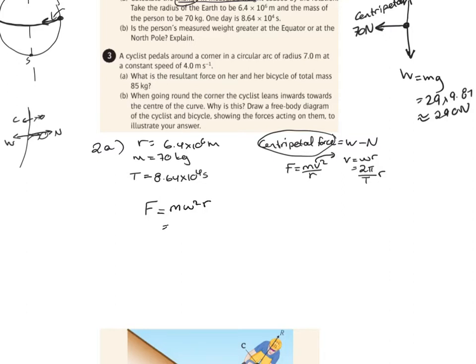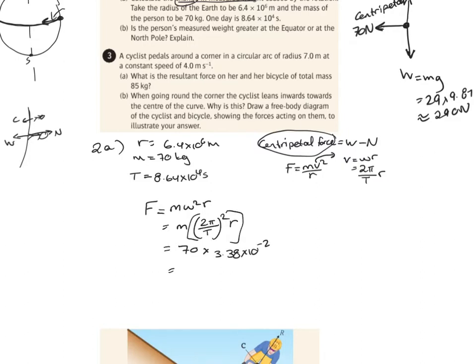So what you have is mass times 2 pi over T squared times r. When you place all the values in there, it will come out to 70 times, this whole expression will be about 3.38 times 10 to the minus 2.